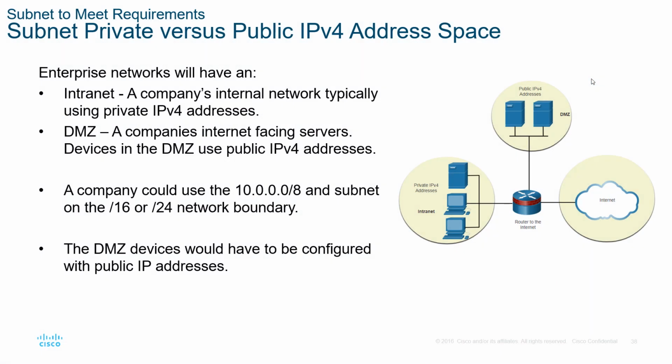This is going to be looking at subnetting to figure out how many addresses. So here we're looking at subnetting private versus public IPv4 address spaces. Again, private addresses are going to use the 10, 172.16, or 192.168 boundaries.